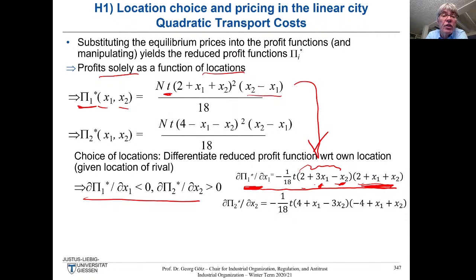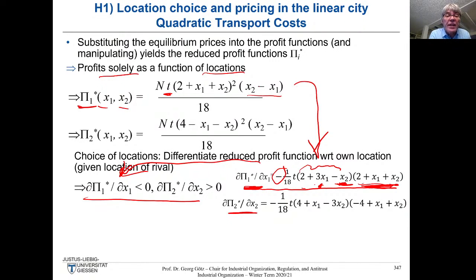So this is positive, and here you have a negative sign, and that's what gives you this result. So we see that firm 1 always has an incentive, irrespective of the location of firm 2, to reduce its location, that is, to move to the left, as close to the edge of the market as possible.